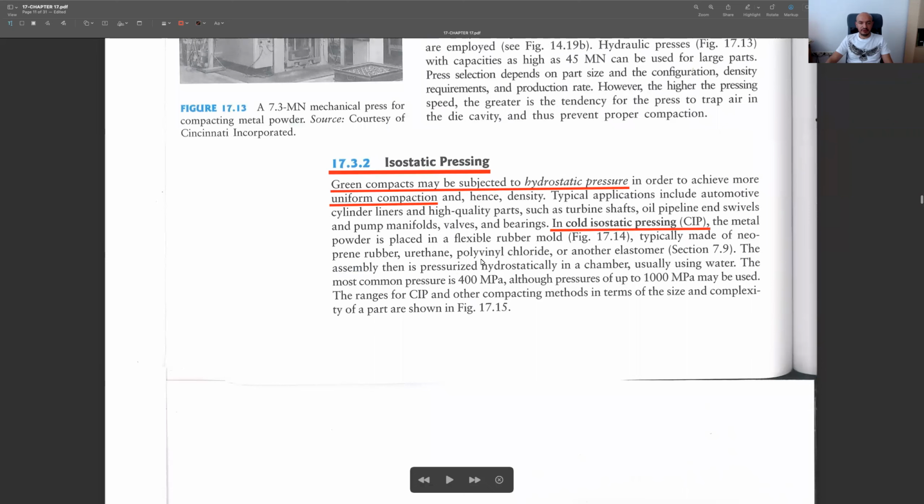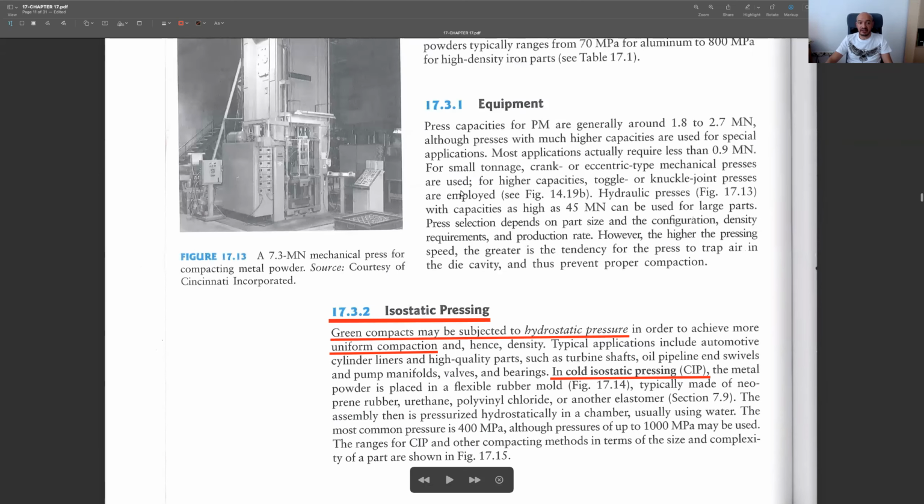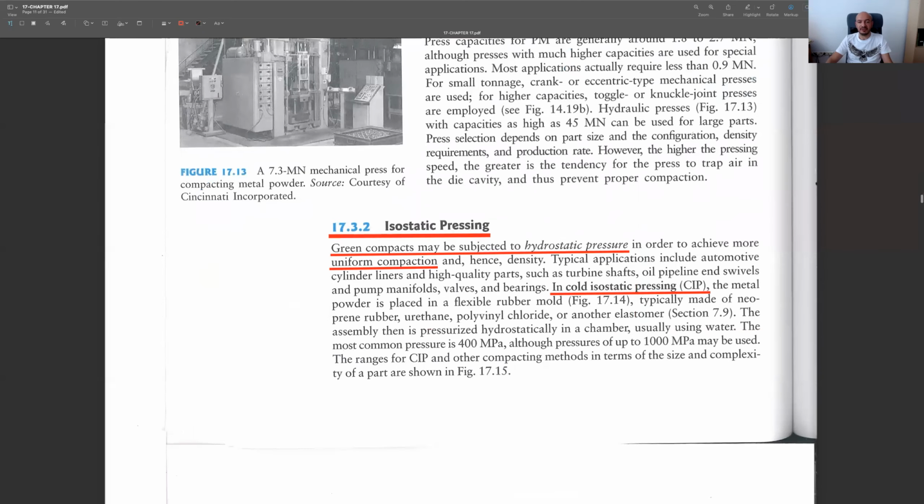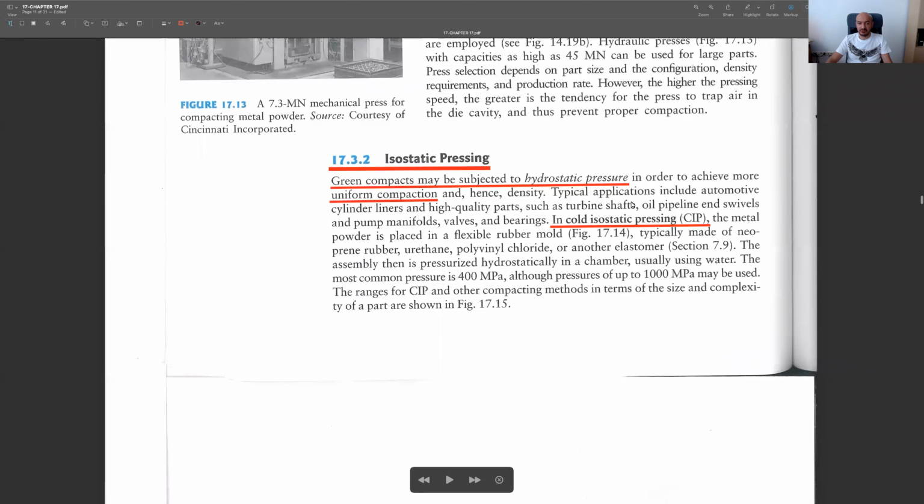And you may further do some isostatic type of pressing. For that, you need some special, higher-powered equipment presses. If you do it at room temperature, it's called cold isostatic pressing, but this is not frequently used.